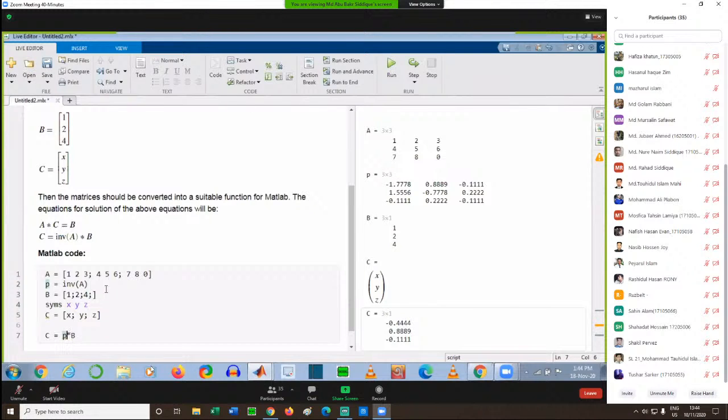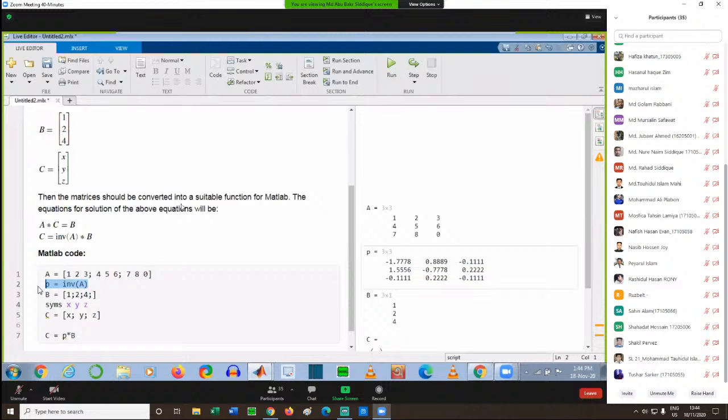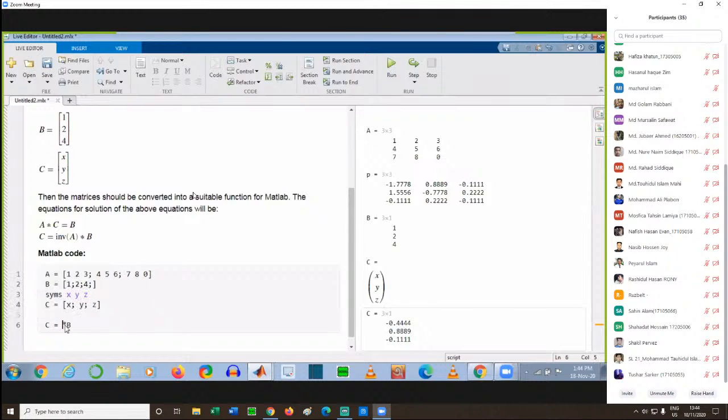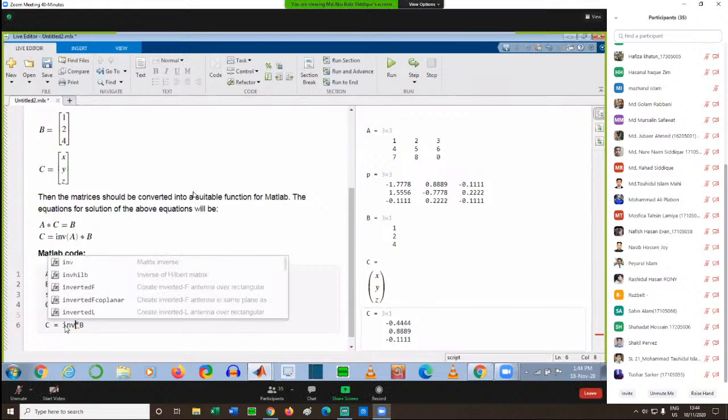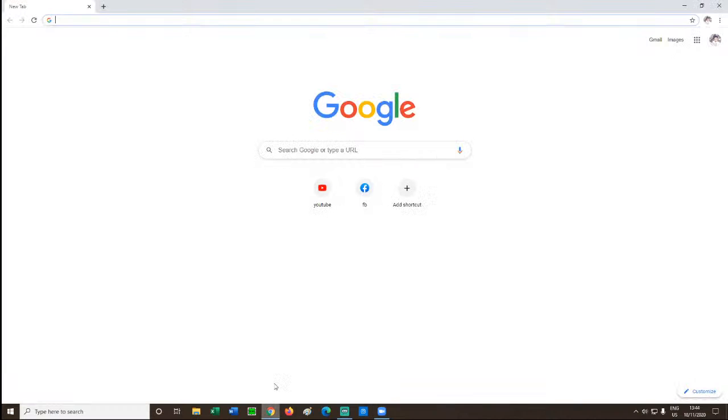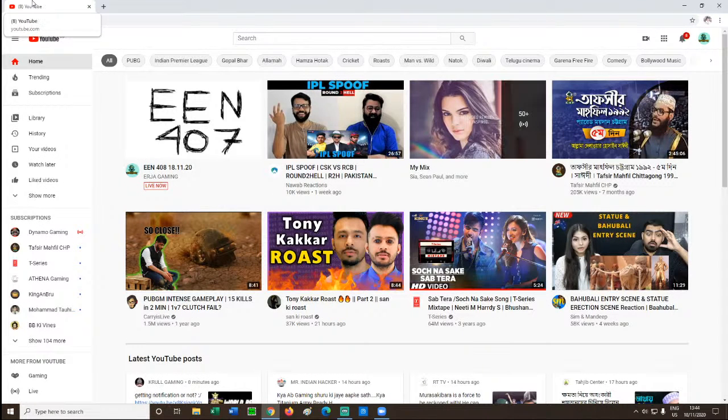And actually, you don't need this. Just write here inverse of A. Hopefully it will work. Okay, just run it.